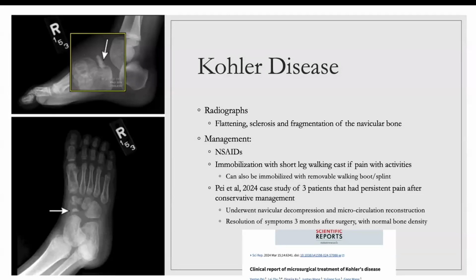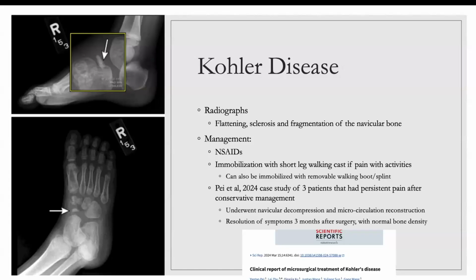These radiographs, again, show flattening, sclerosis, fragmentation of the navicular bone. We're going to manage these kids non-operatively mainly, with NSAIDs, immobilized only if they have significant pain, but can also be immobilized with a removable walking boot or splint if you trust them.